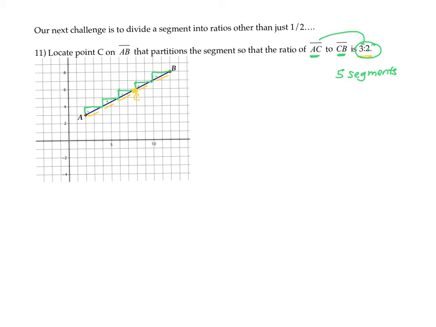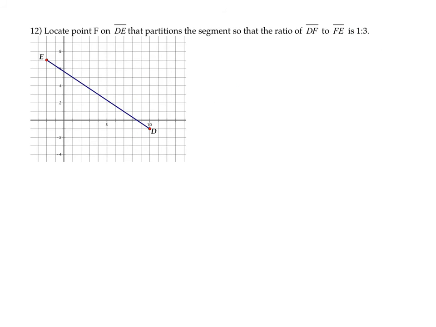Our point C is going to go right there, and it has coordinates 8, 6. Again, it divides it into a ratio of 3 parts to 2 parts. So what you want to do is find that total first of those 2 portions of your ratio, and then divide your segment into that many parts.